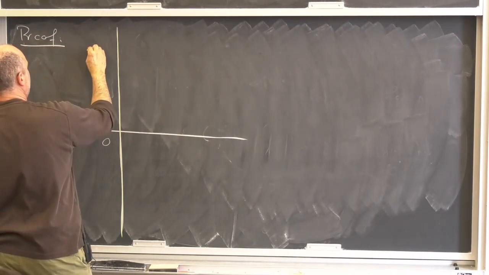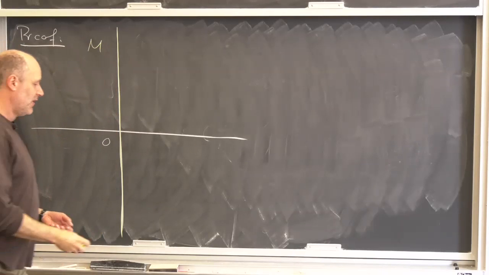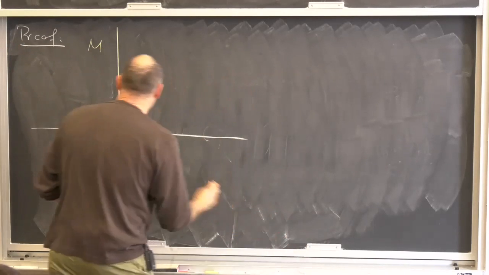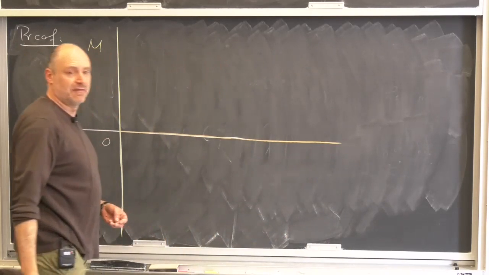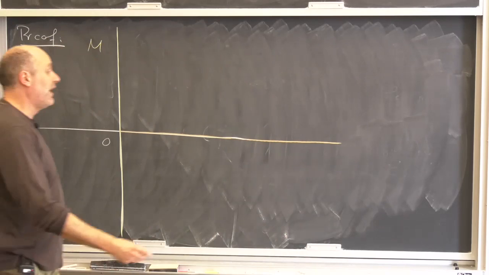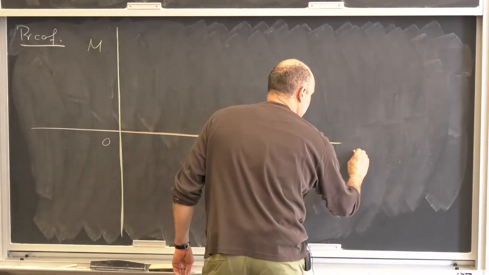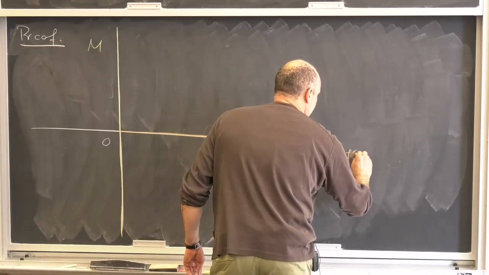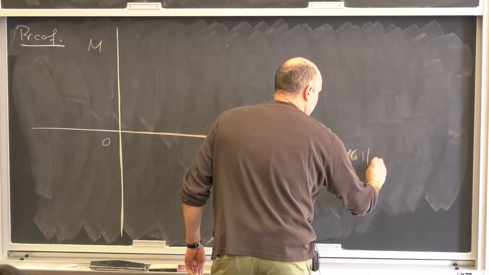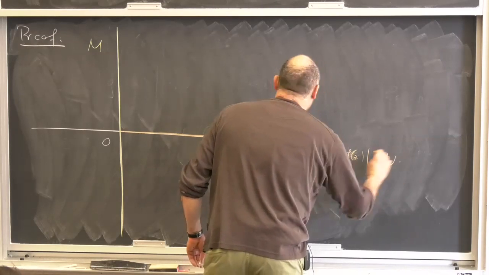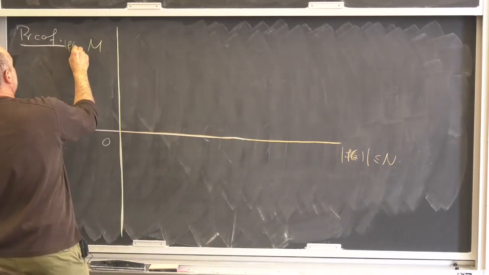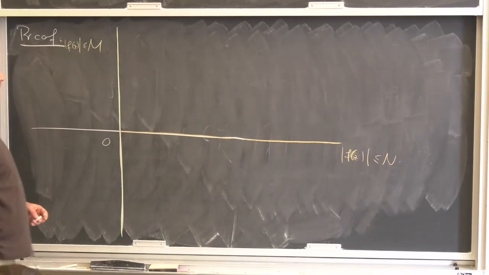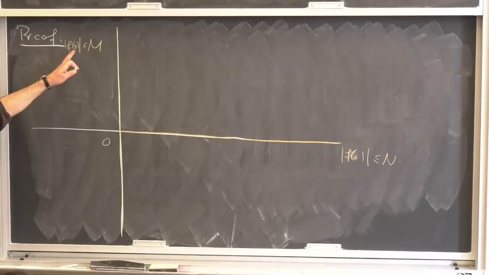So that's where the desired bound M holds. And there is some bound that we don't know on this half line. So let's call it N: |f(z)| on the positive real axis is less than or equal to N. From that, I want to conclude that everything is bounded by M.